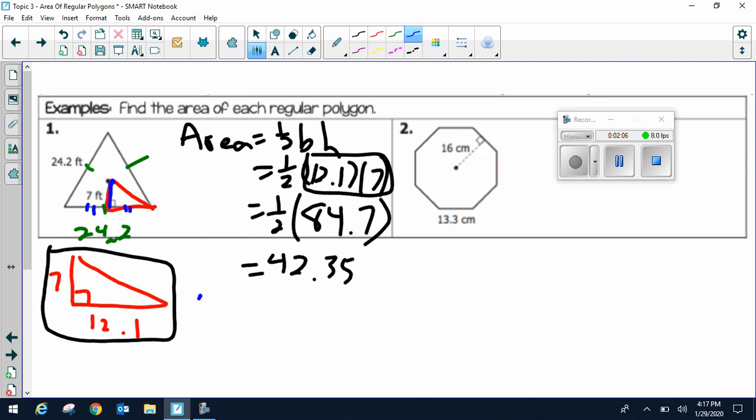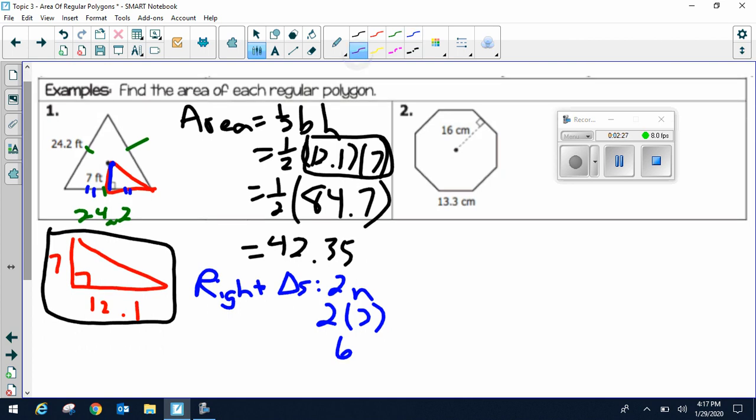Okay, now, the next thing we need to be able to find the area of the whole thing is we need to know how many right triangles we have in the figure. And the number of right triangles is 2 times the number of sides. We have in this figure 3 sides because it's a triangle. So that means that I'm going to have 6 right triangles.